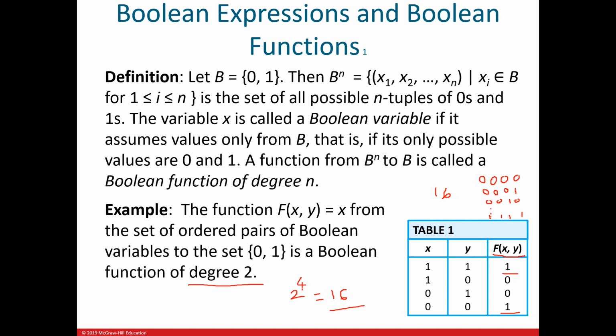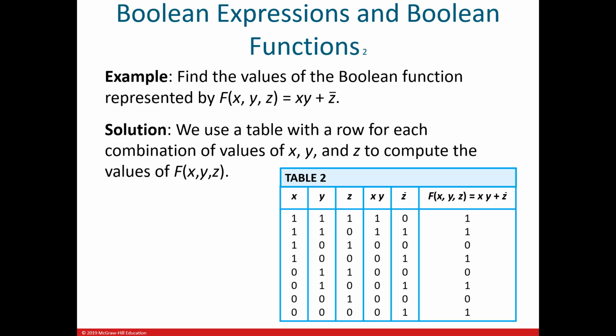They have given a nice table for this, which we will see in coming slides. Now, when we have to find the values of a Boolean function given to us, xy + z complement, how do we generate it? Again, we will do something very similar to what we do in propositional logic.